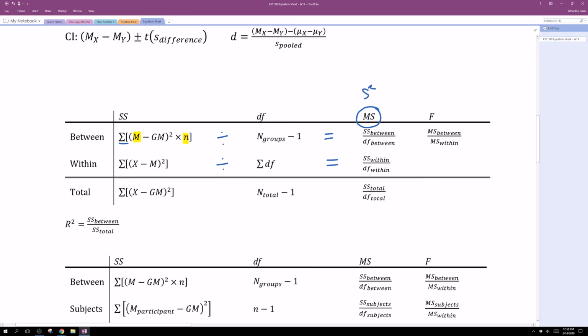And once you have these two MS values, you just turn that into a fraction. Right, that's your numerator, that's your denominator, equals, and that gives you your test statistic, F.